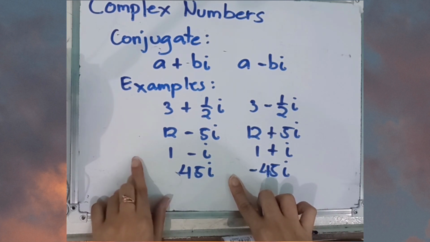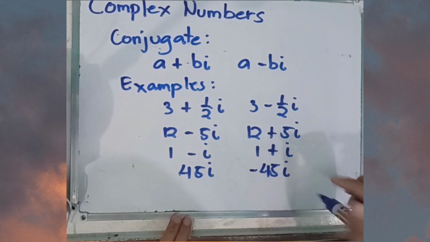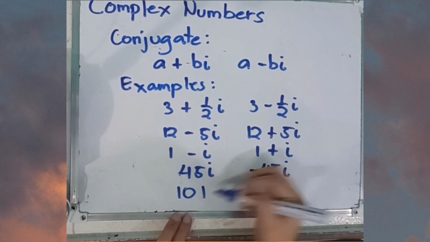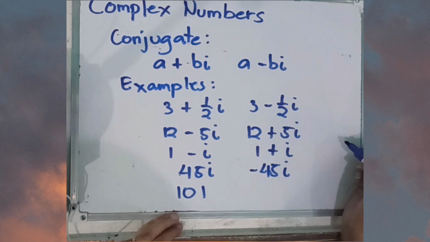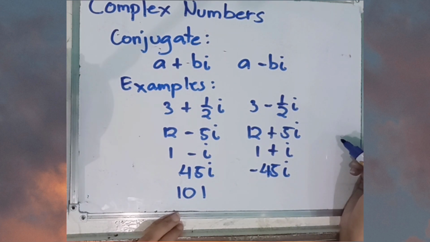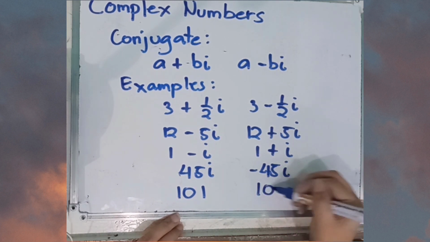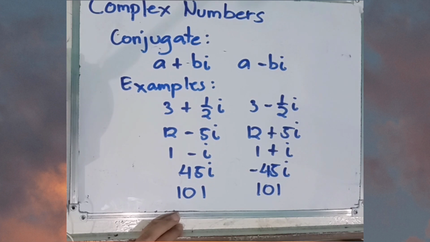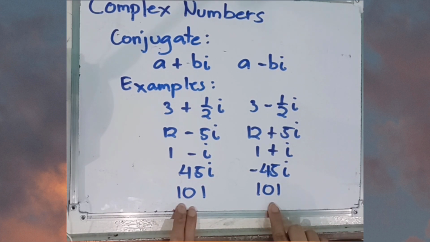Okay? Next, how about if we have simply the number 101? What do you think is its conjugate? So if you thought of 101, that's actually correct. The conjugate of a real number is simply the number itself.